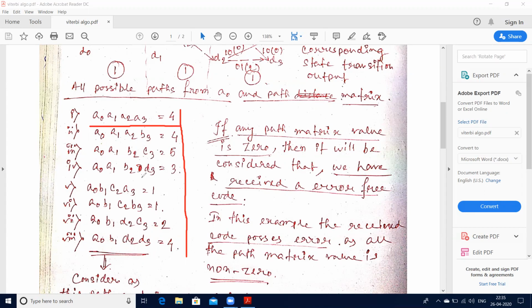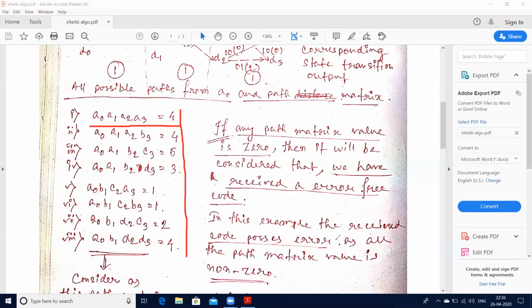If any path matrix value is 0, we have received the error-free code. From this example we don't have any path matrix which is 0, so this is an error code we have received.